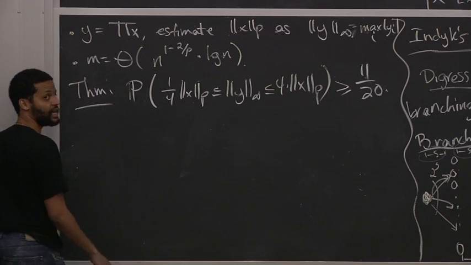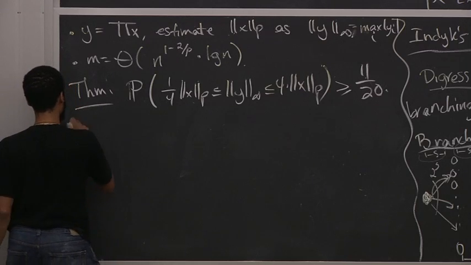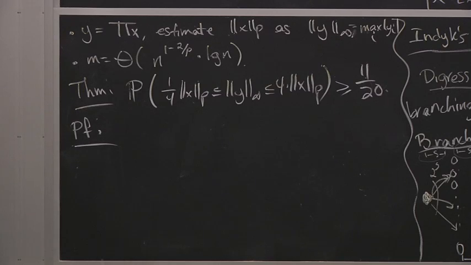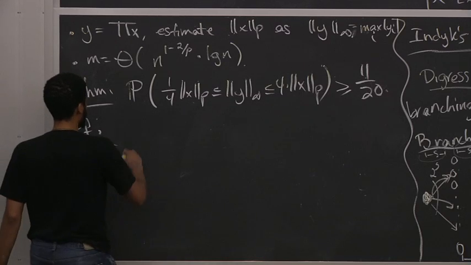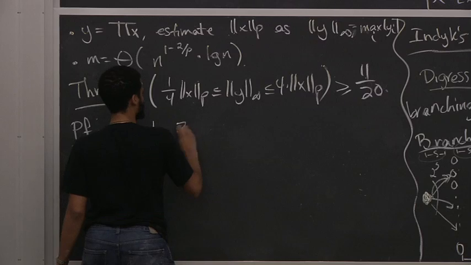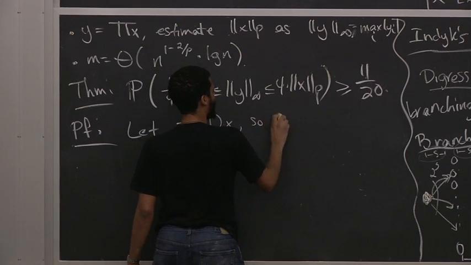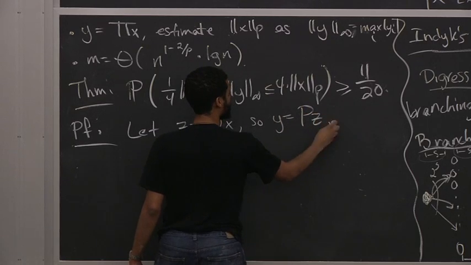So let's start the analysis. We won't have time to finish the analysis. Proof. How can we analyze this thing? So let z be Dx. So y is Pz.